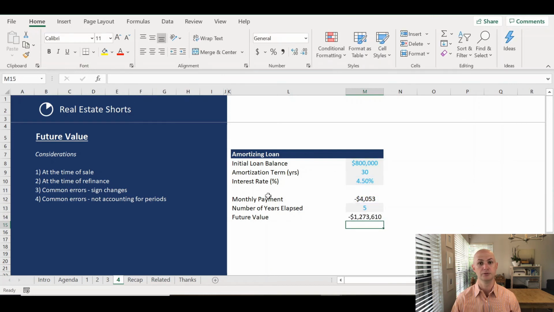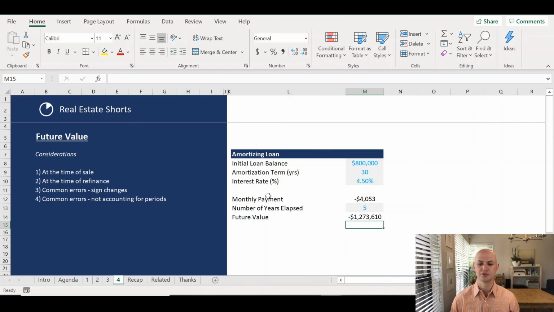Our future value balloons, because this is assuming that not only are we collecting $800,000, but we are also collecting $4,000 a month. So this is an important note, because if you don't pay attention to the signs, you'll end up finding that you owe more money than you originally borrowed. And under most circumstances, that doesn't necessarily make sense.